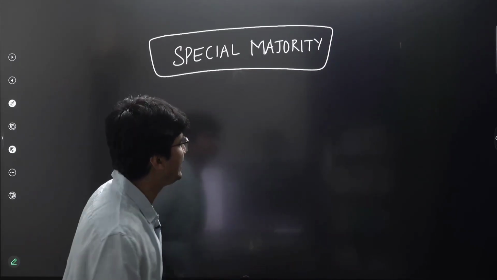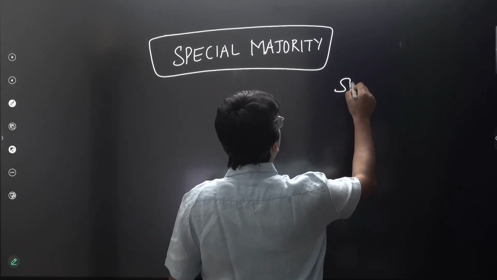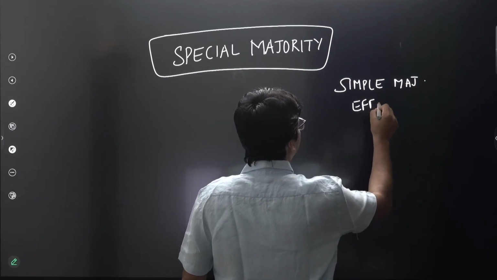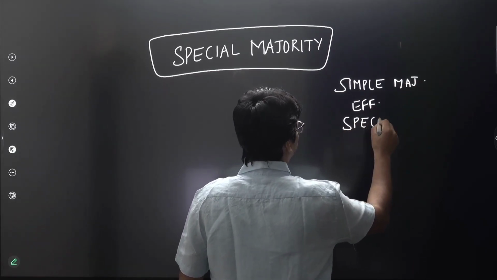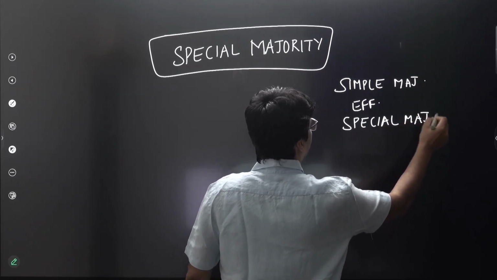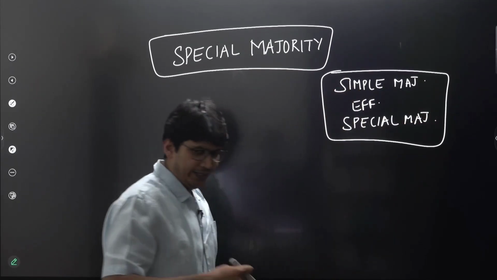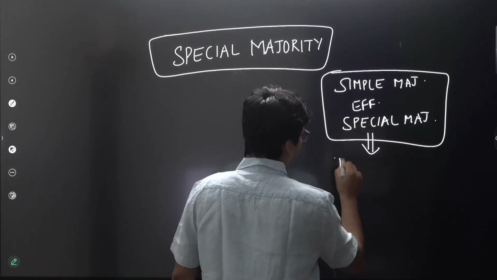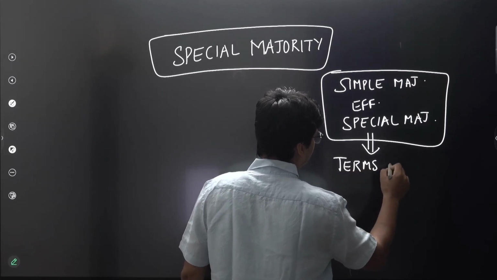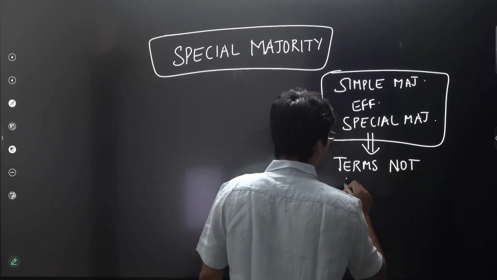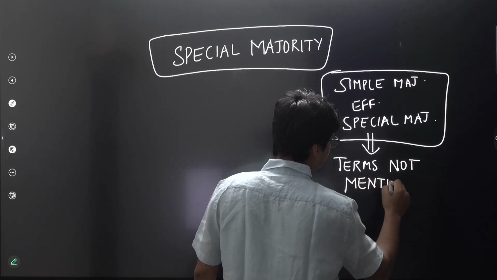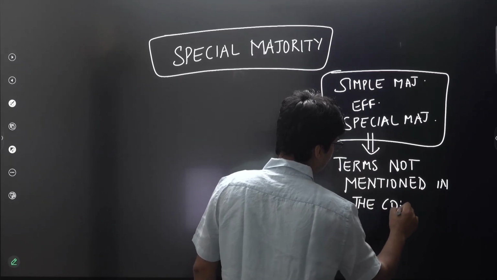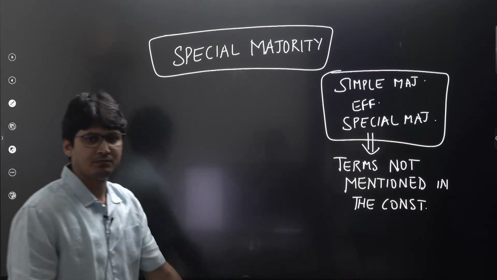I am telling you outrightly, these terms like simple majority, effective majority, special majority are not mentioned in the constitution. Rather, how they become operative is mentioned. So this can also be asked in your exam. Please understand this. Clear?